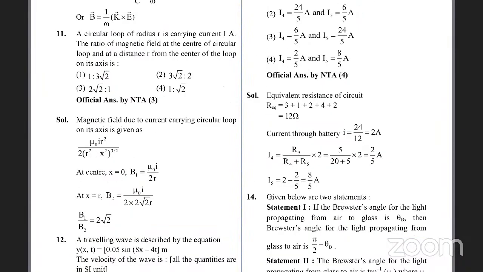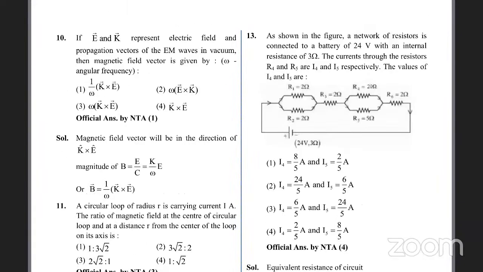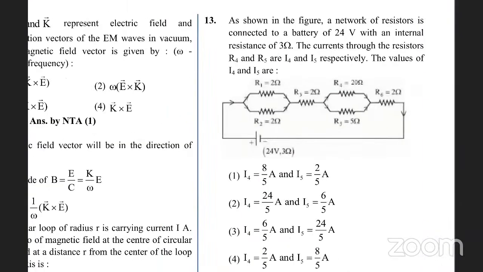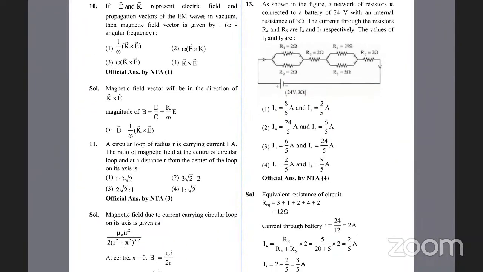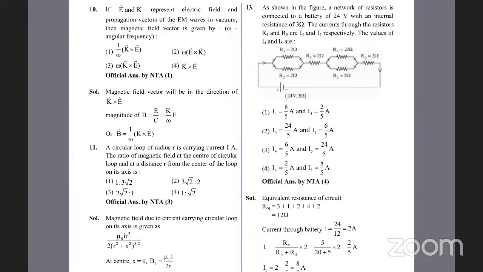Let us go to the next one. Look at question number 13. R1, R2, R3, R4, R5 are connected to a battery of voltage 24 volts and internal resistance of 3 ohms.